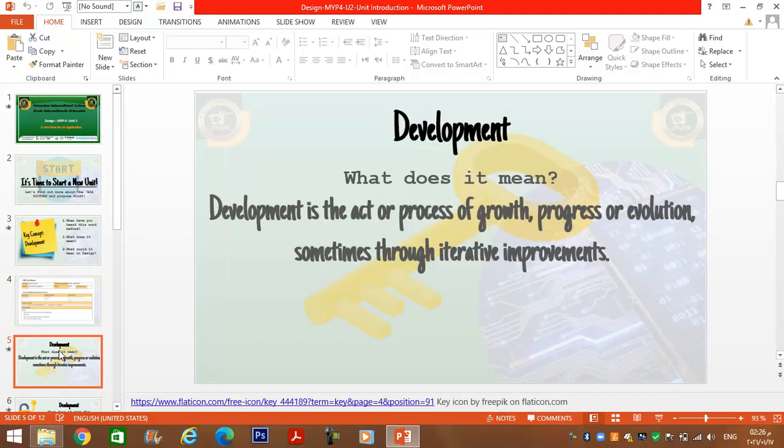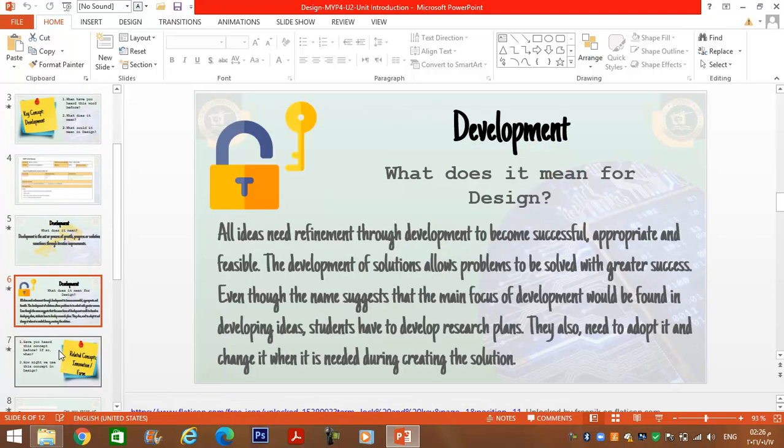So, in general, development. What does it mean? Development is the act or process of growth, progress, or evolution, improvements. Sometimes it's called specific improvements. So what does specific mean for design? Development in design: all ideas need refinement through development to become successful, appropriate and viable.